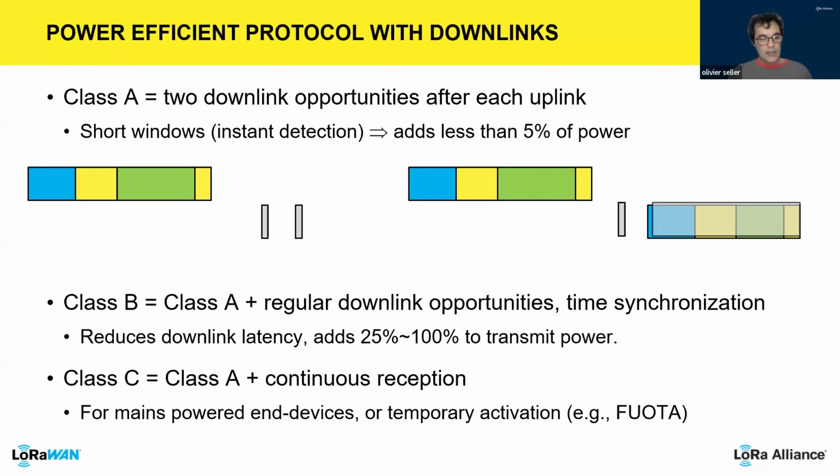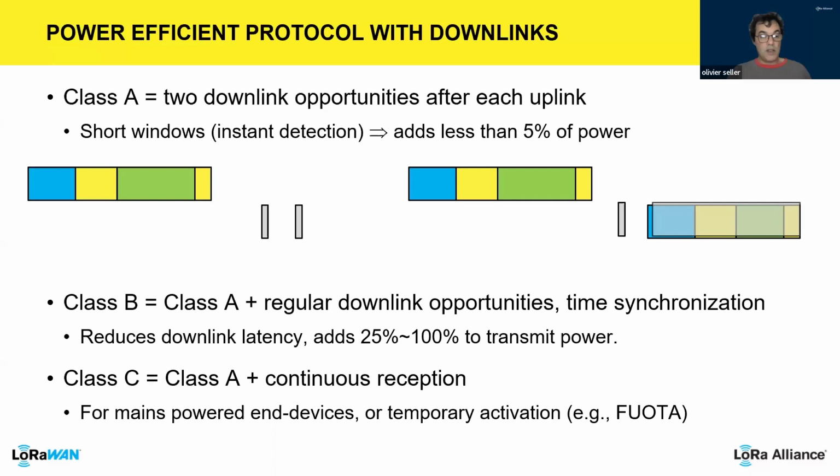Class C is class A plus continuous reception. So you can hear that class B and class C are not compatible. It's either A plus B or A plus C, or A alone. And class C is continuous reception whenever the device is not transmitting. So that's reserved for mains powered end devices, or it can be activated for a brief period of time, temporary activation, for instance, to do a firmware upgrade over the air.